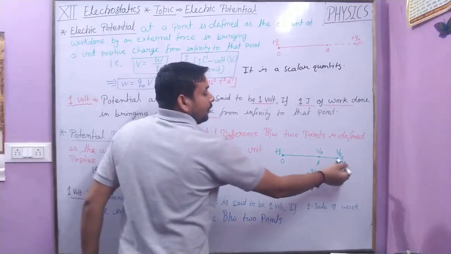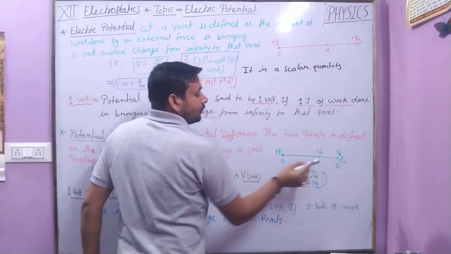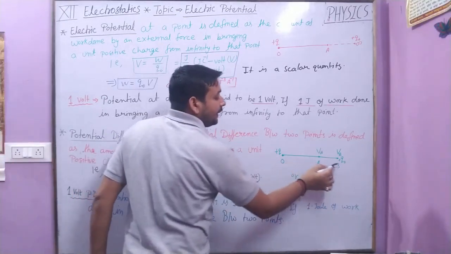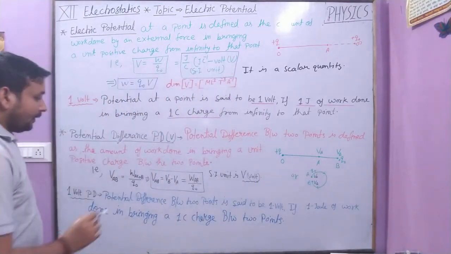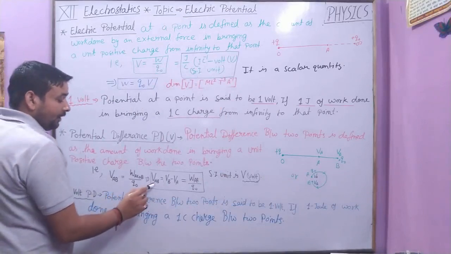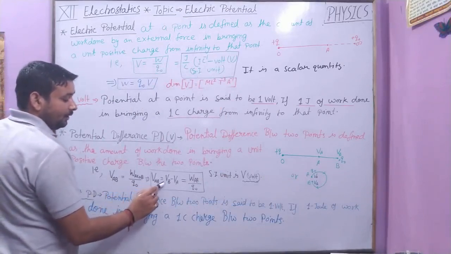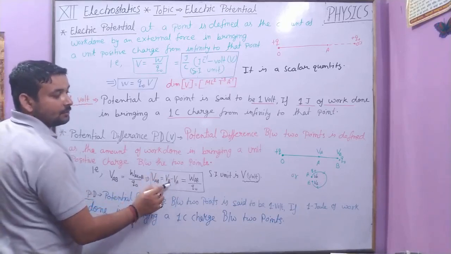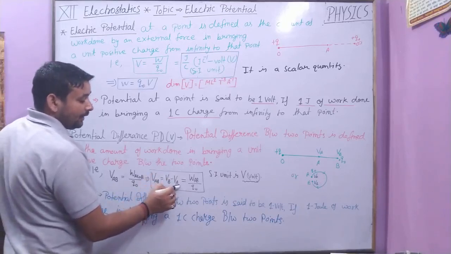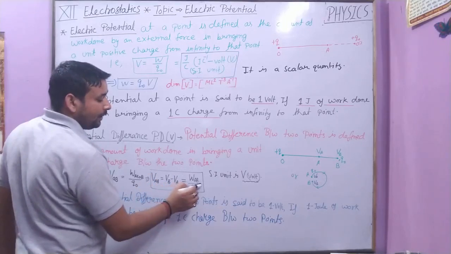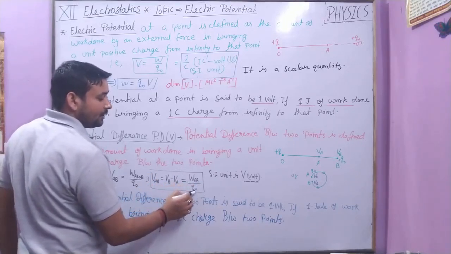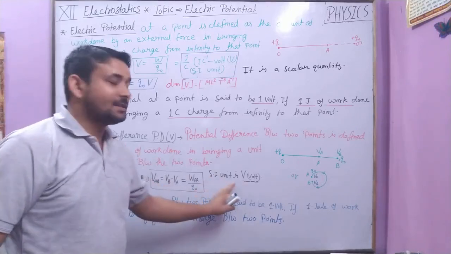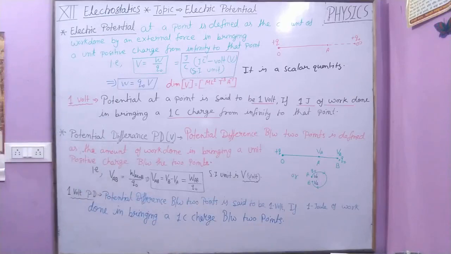When we move from B to A, we do work against the field. Therefore we can define VAB is equal to VB minus VA, which is equal to WAB divided by Q naught, and the SI unit of potential difference is again volt.